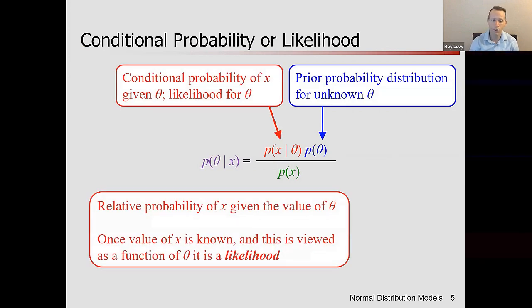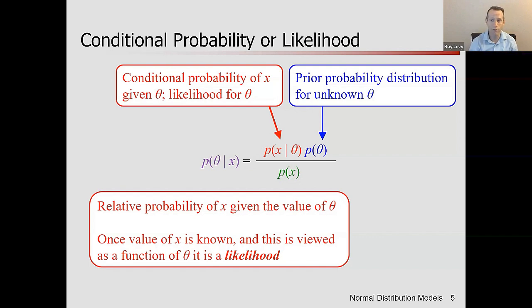The term next to it in red is the conditional probability of x, the data, given the parameter theta. Notice the way that I'm writing it. P(x | theta), with a vertical bar or pipe, indicates this is a distribution for x conditional on or given the parameter theta.